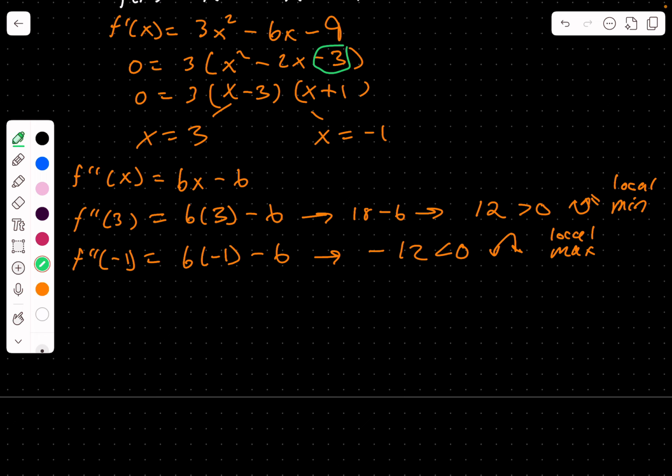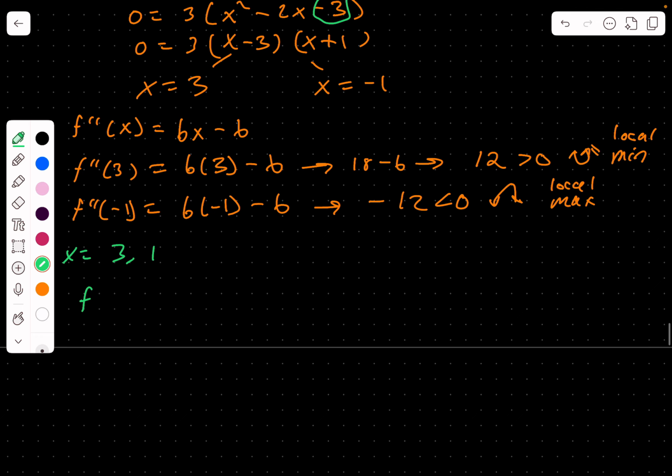Now, let's find our ordered pair for these guys. To find our ordered pair, we literally just plug our critical points, which are 3 and -1, into our original function, f.